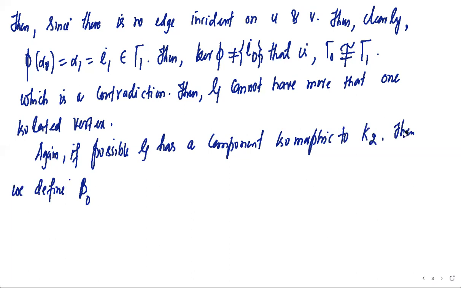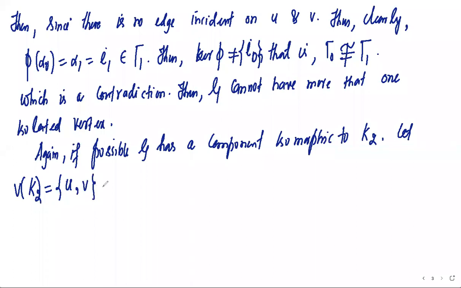But before that we need to fix these two vertices. So let, again if possible, G have a component isomorphic to K2. Let the vertex set of K2 be UV.